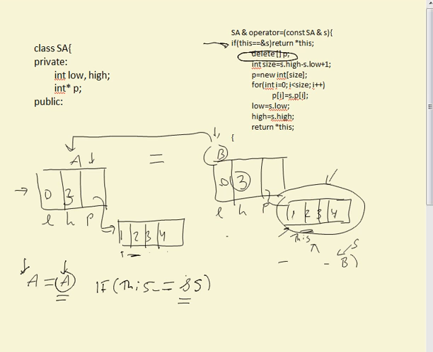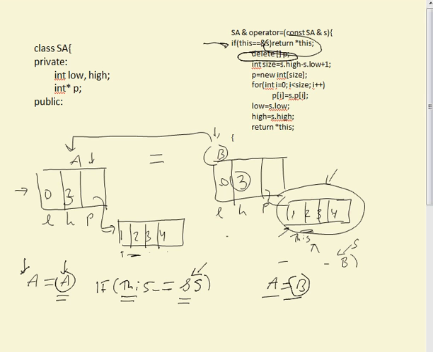So when I say A is equal to B, for example, S is the address of B. This, as we saw, is that special parameter, which is the address of the left-hand side, which is the address of A. So if A and B are two separate objects, like they are over here, the answer is no, it's not the case that this is equal to the address of S. Then we don't return star this. We just simply go and do the rest of the function as we saw. That's going to be fine.